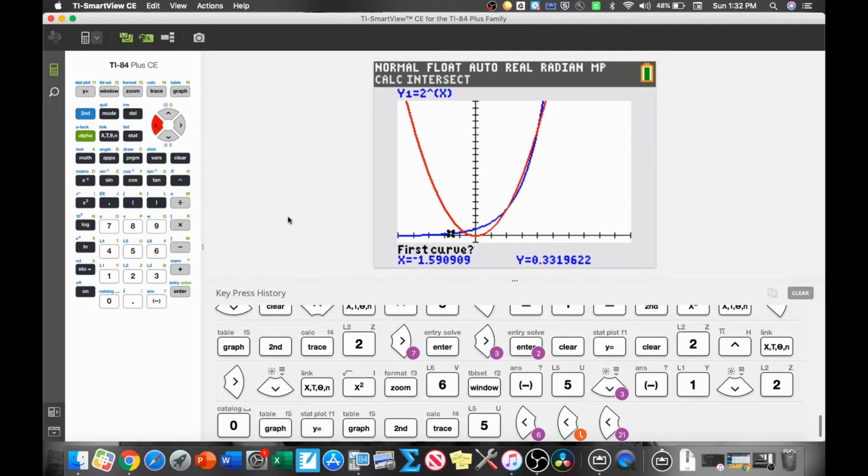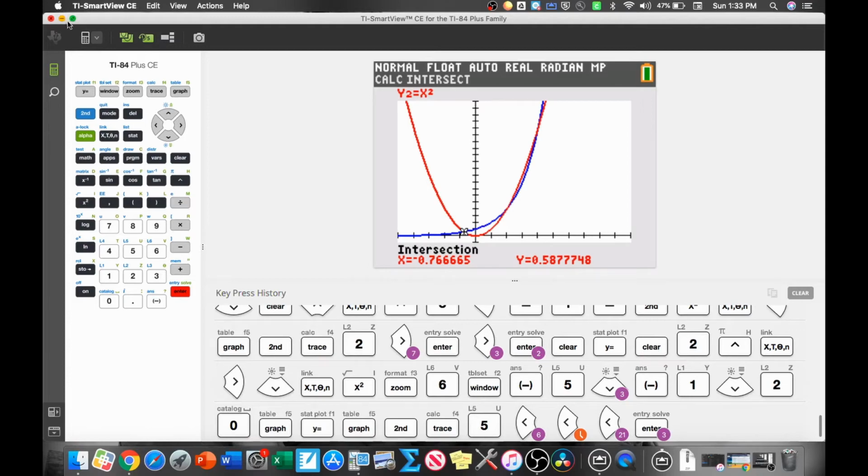Okay, so it's asking me, is the blue curve the first curve? Yes, I hit enter. Is the red curve the second curve? Yes, I hit enter. Do we want to make a guess? Yes, we do. And so there is that first intersection, which is at negative 0.767, 0.588.